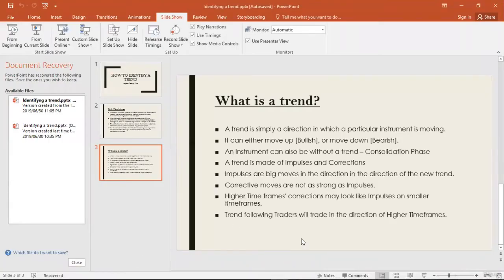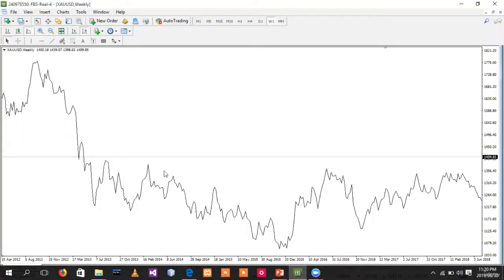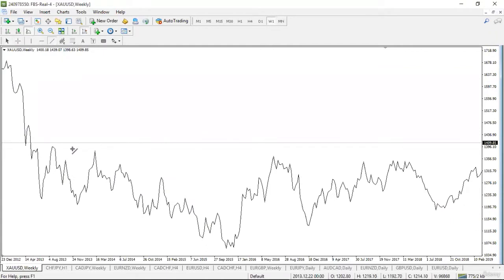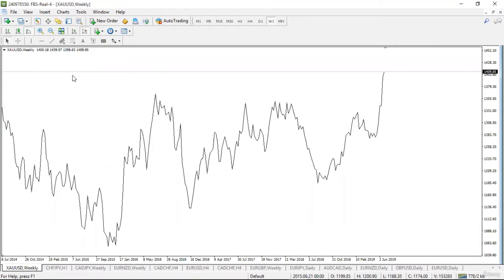So yeah, let's look at the chart. So the market can be either going down, which is a downtrend, or it can either be going up, which is an uptrend. Okay, this is an uptrend. It's going up.